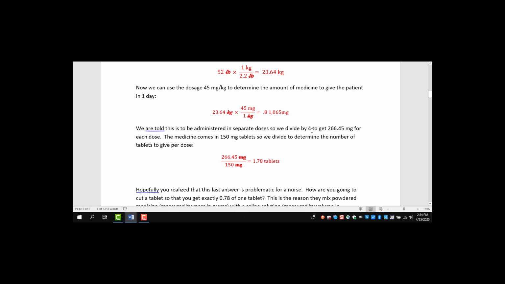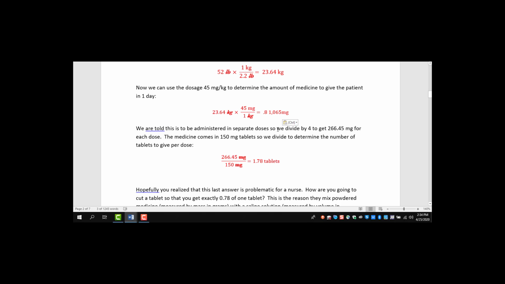We divide by 4. Why do we divide by 4? Because there are 4 separate dosages in a day. So we divide by 4 to get 266.5 milligrams for each dose. So there's the milligrams for each dose, divided by the number of milligrams in each tablet, and I get 1.78 tablets.